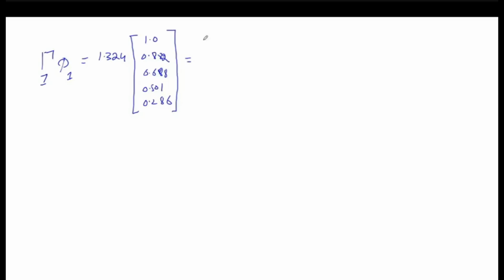If you multiply these two, this gives you 1.324, this gives you 1.168, this gives you 0.911, this gives you 0.663 and 0.379. So this is the participation function.